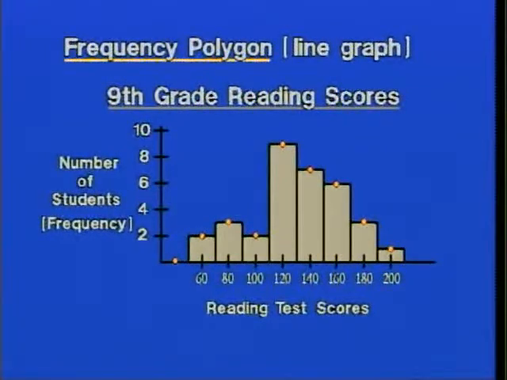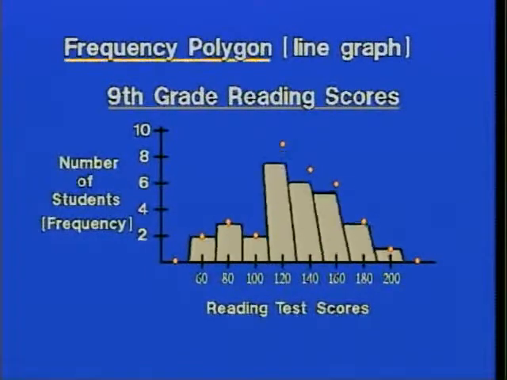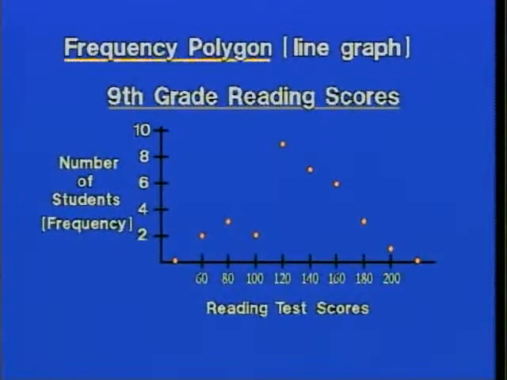So we'll just go one class width over this way. And at the right, we're going to do the same thing. Look at 200, and we'll identify a point one class width over here. And now it's a matter of connecting the dots. Usually the bars are not used when we connect the dots on a frequency polygon. But this is what the frequency polygon looks like.